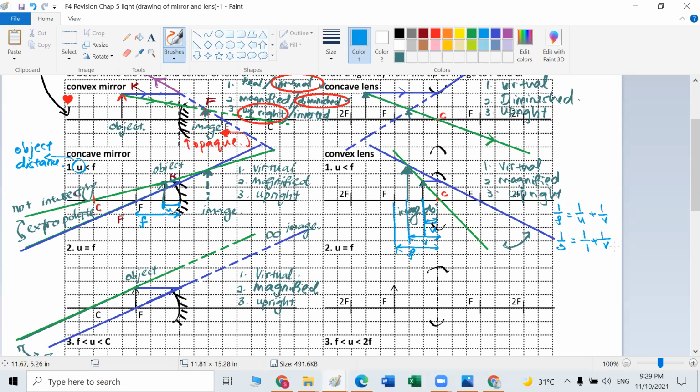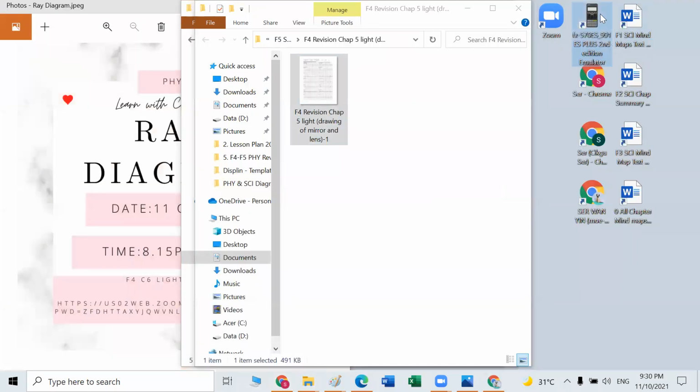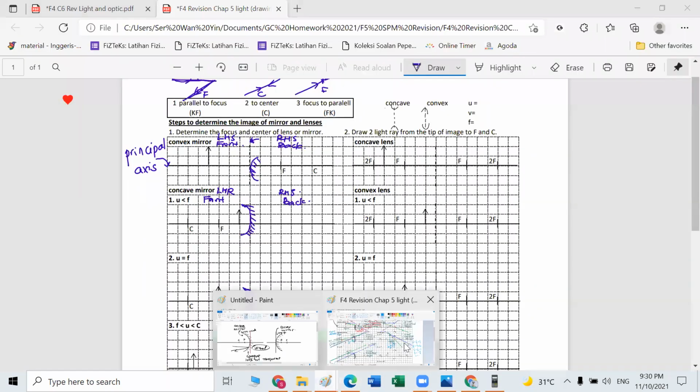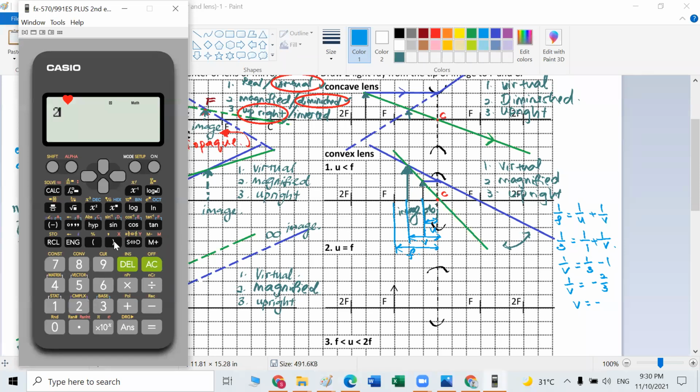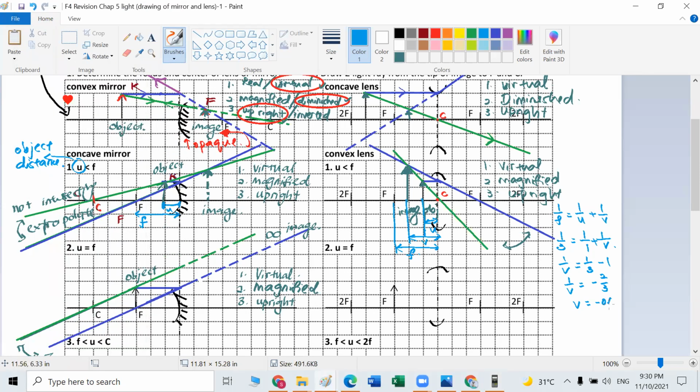So what is V? 1 over V equals 1 over 3 minus 1, and you will get negative 2 over 3. So V equals negative 2 over 3, 0.67.